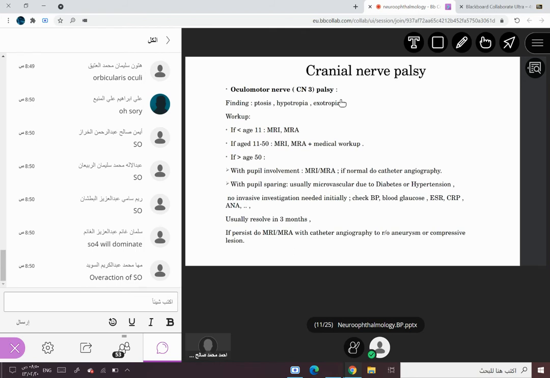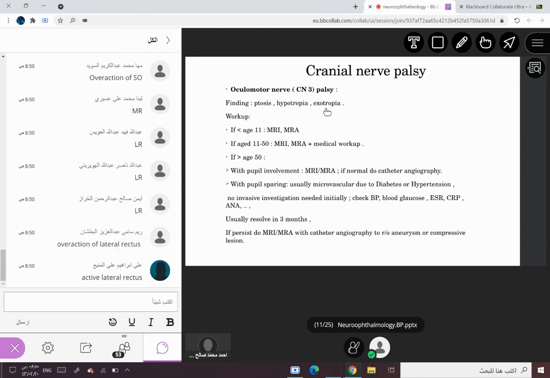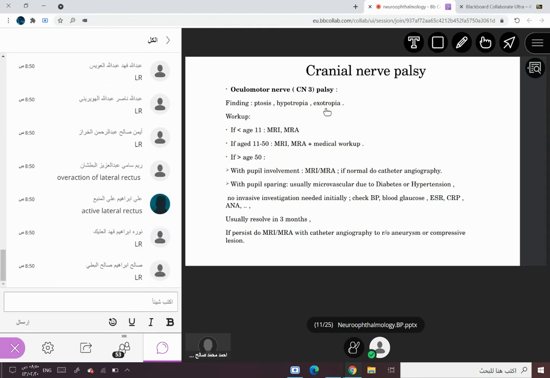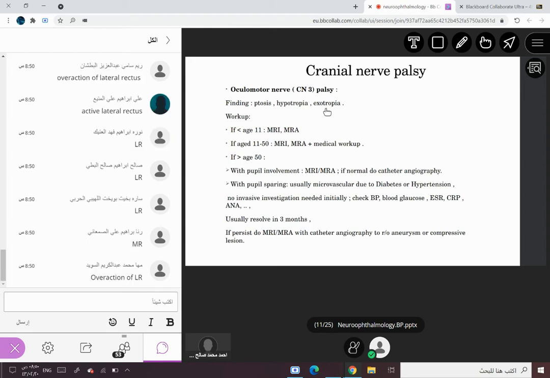Excellent. Overaction, or the domination, of the superior oblique muscle, which is supplied by the fourth cranial nerve. Why exotropia? Yes, because medial rectus is affected, so the lateral rectus will be dominating, or it will be overacting. Okay, excellent.